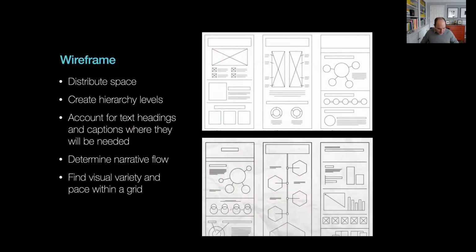Sometimes when we sketch visualizations by hand, we tend to sketch only what is going to be visual, and we forget to sketch appropriate space for where the text is going to be. It's always a mix of text and images, so always account for that space for text. A wireframe is basically a sketch to allow you to distribute your elements on the page and to find a pace and visual hierarchy.